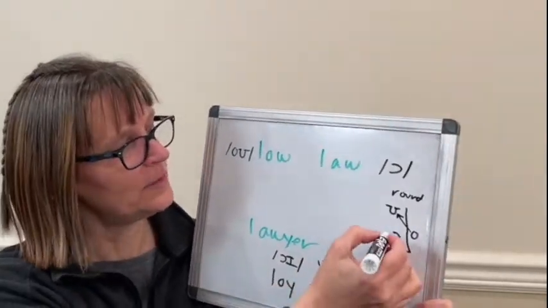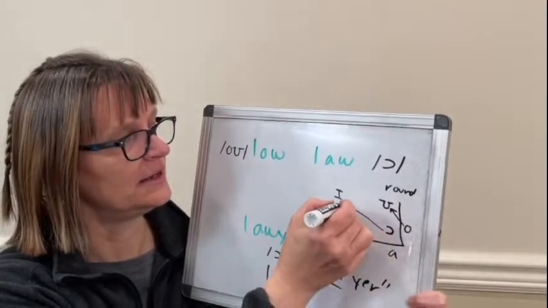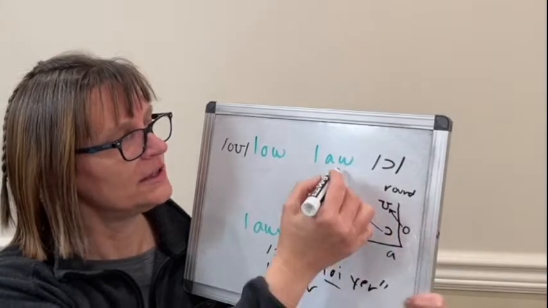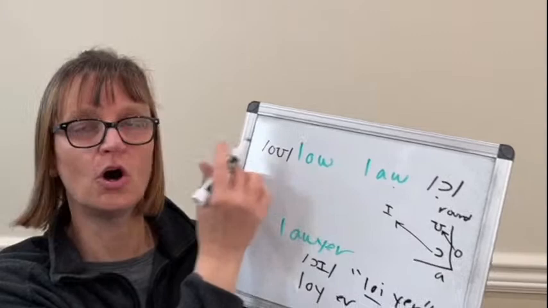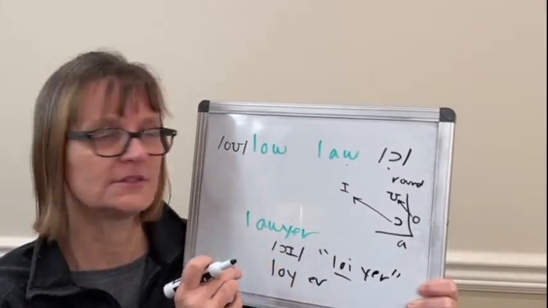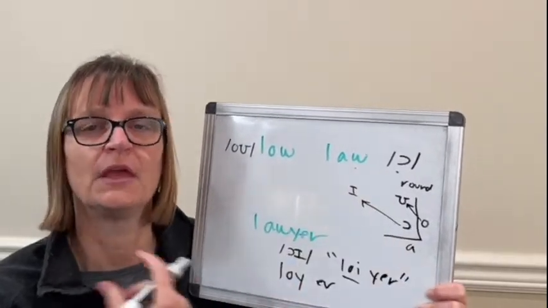For oi, we start close to the ah position and we glide this way. So the ah in law, no glide. The o is a diphthong and the oi is a diphthong. So low, law, lawyer.